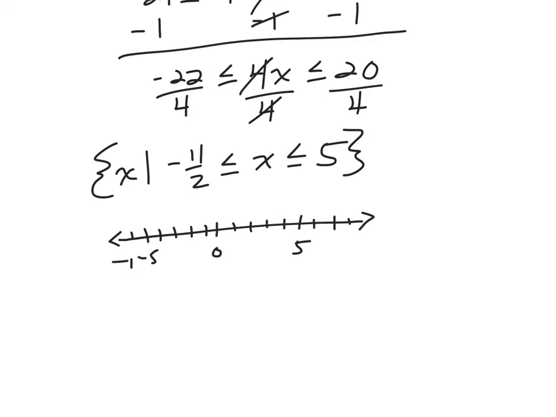Here's negative 6, so negative 11 halves is going to be right in between those two. In this case, they're both going to get a bracket because we have less than or equal to. So a bracket at negative 11 halves, a bracket at positive 5, and shade in between.